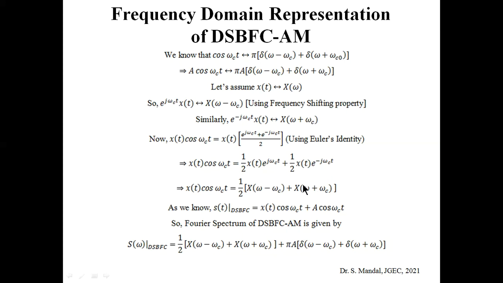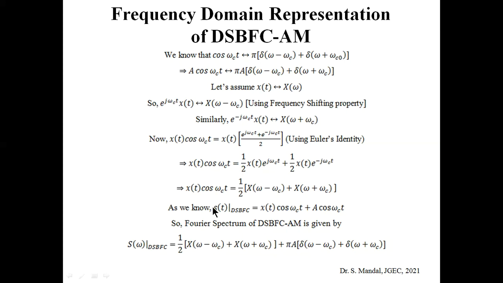Sorry, this will not be an equal sign; this will be the Fourier transform of x(t) cos omega c t. So, clear? The Fourier transform of x(t) cos omega c t is half of X(omega minus omega c) plus X(omega plus omega c).